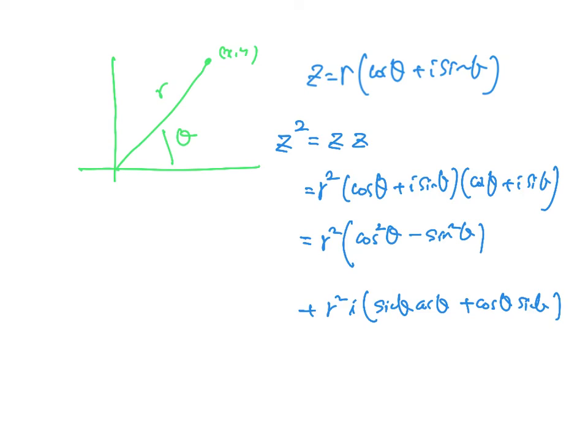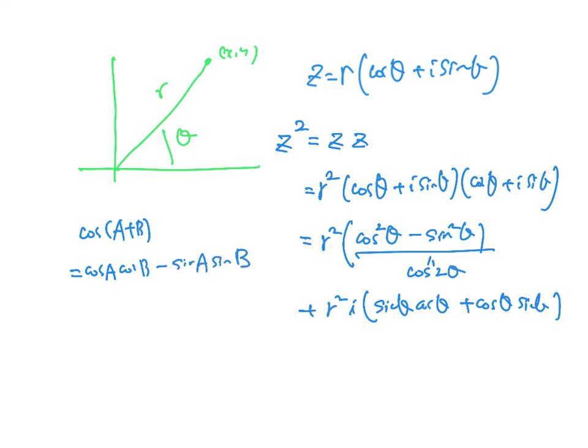Something familiar from your middle school days. What is this? Cosine 2 theta. We know that cosine of A plus B is cosine A cosine B minus sine A sine B. Somewhere along the line you have learned this, right?